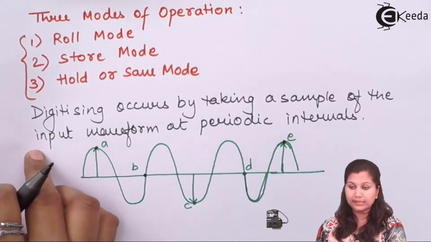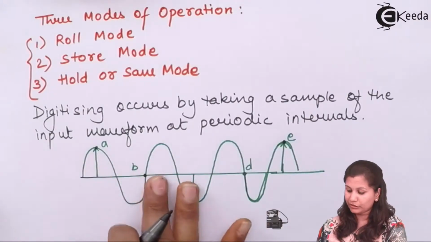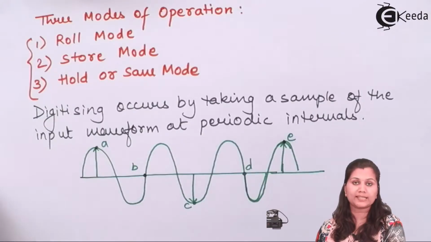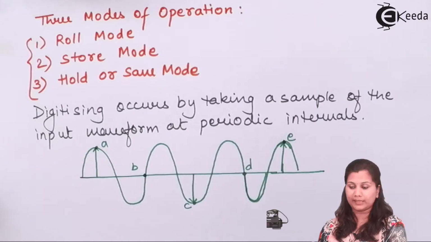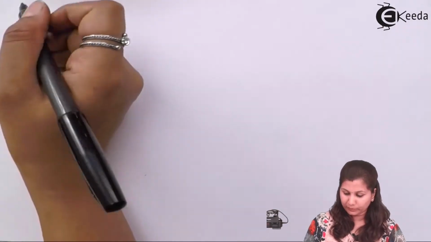Now this process of digitizing or sampling should follow the sampling theorem. The sampling theorem says that the rate at which these samples are taken should be greater than twice the highest frequency present in the signal.